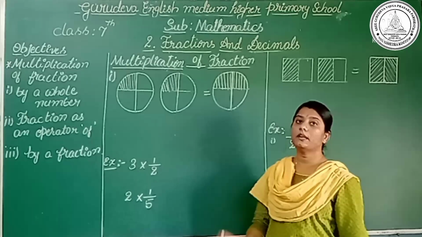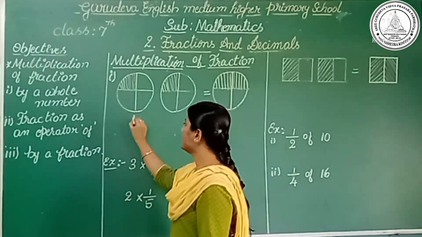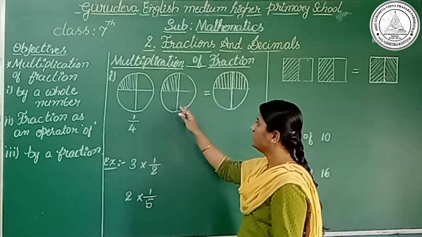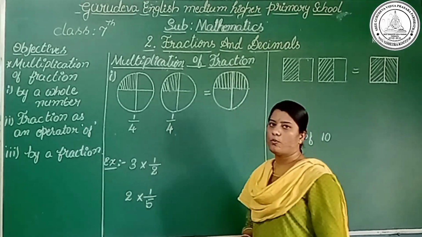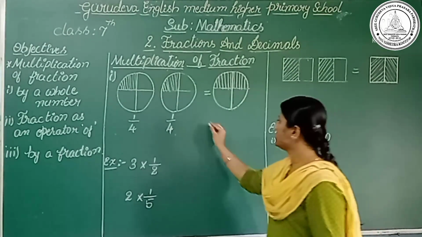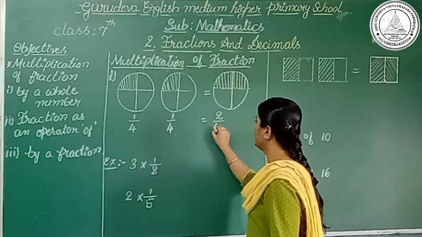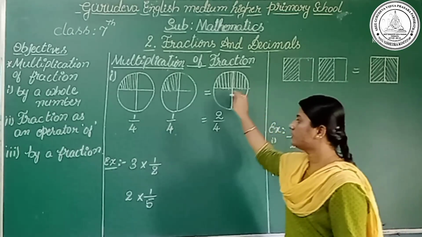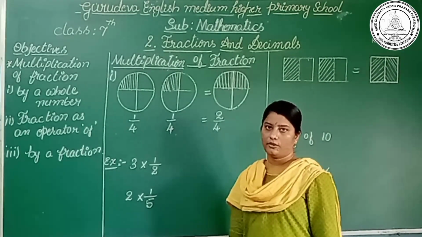Here I have drawn a picture. What is the fraction of this picture? Yes, we can write it as 1 by 4. And here also there is a picture; the fraction represents 1 by 4, and together it represents 2 by 4. Here there are two shaded portions of the 4. So what is the product of 1 by 4 into 2?